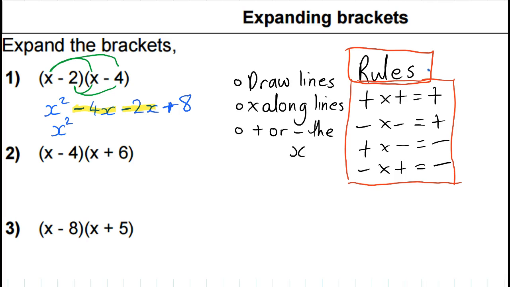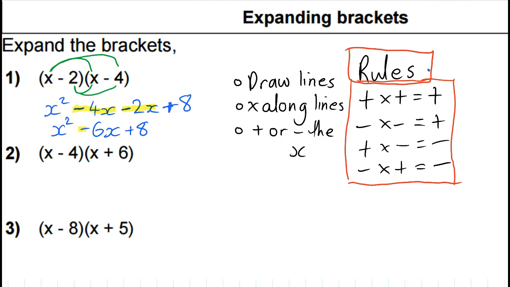On my number line I go down to minus 4x's, and then I take away another 2x's, which gives me minus 6x. Minus 4 minus another 2 gives us minus 6, and then positive 8. And we're done. That's my final answer.